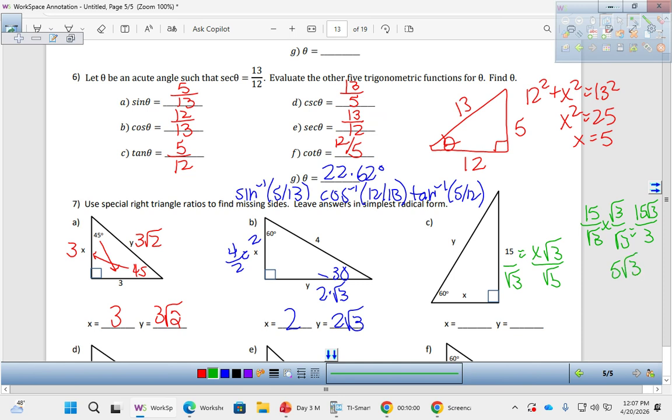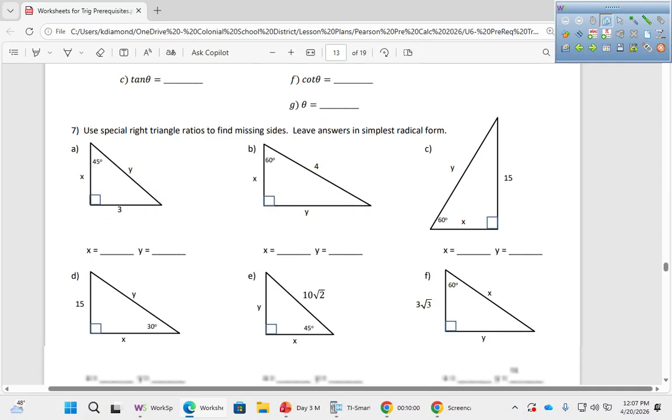So the small side length across from the 30-degree angle is 5 root 3. And then the hypotenuse is double that. So it's 5 root 3 times 2, or 10 root 3. So this one would be 5 root 3, and this one would be 10 root 3. Looks like there are a few more special rights in this section.